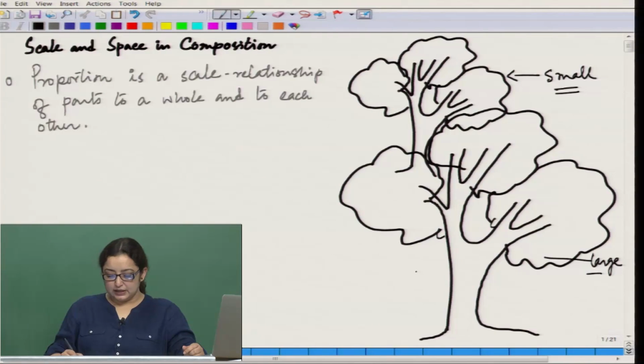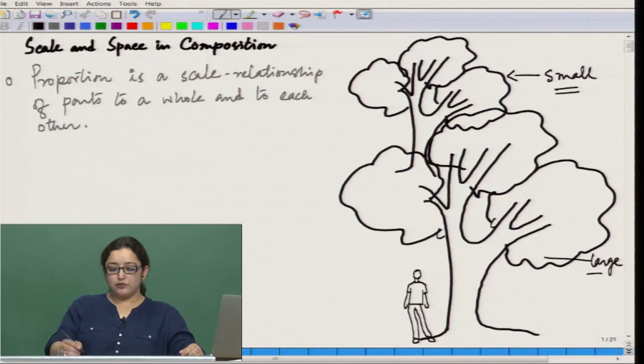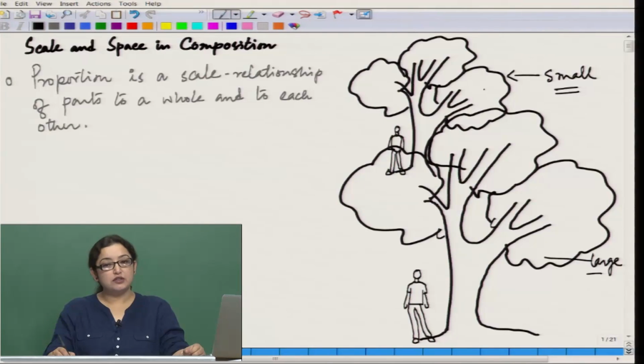So, if the tree is this big, the man can only be this big in size. If the man stands somewhere underneath a tree here, then we follow the same proportion and have the man this small in relationship to the other tree.